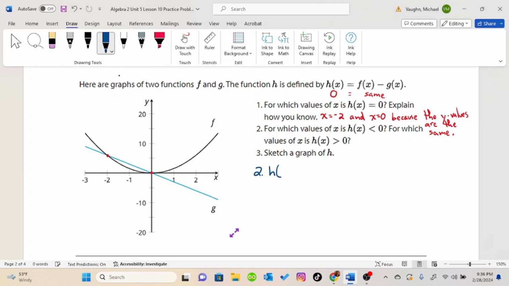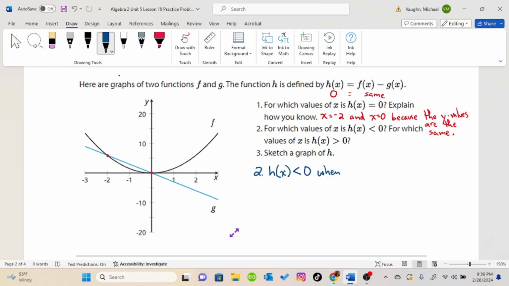So h of x is less than 0 when, if I'm going to get a negative number, then I need a smaller number minus a larger number.